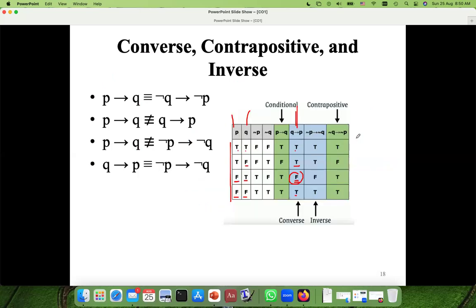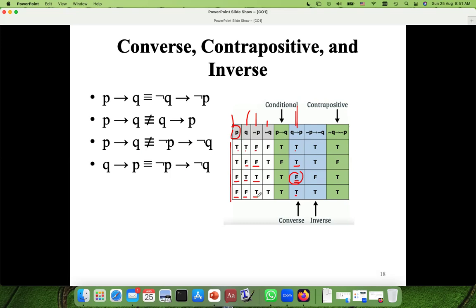That's why here we have negation P and negation Q. And negation is what? The opposite of that. What is negation P? Opposite of P. What is negation Q? Opposite of Q. So now, this is the column for P and its values. If it is true, negation P would be false. If it is F, the opposite is true.